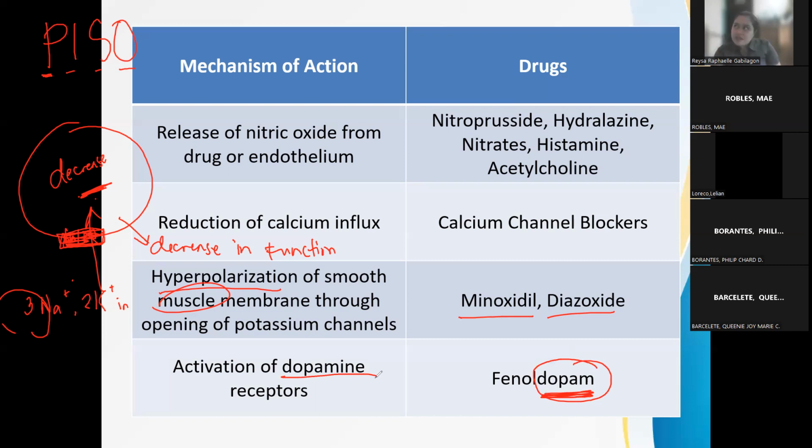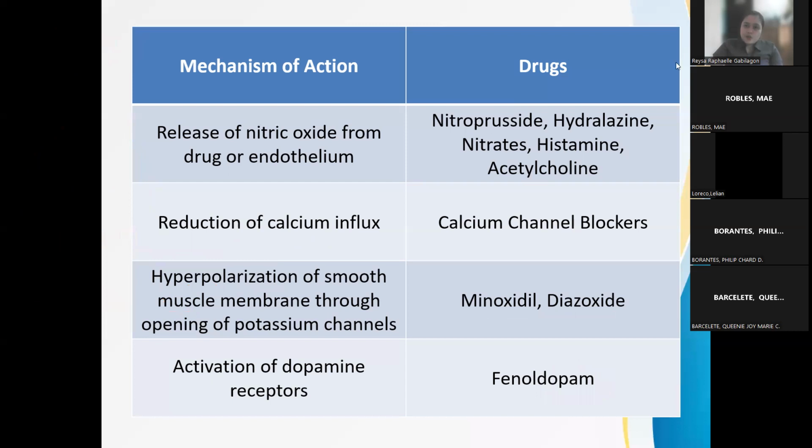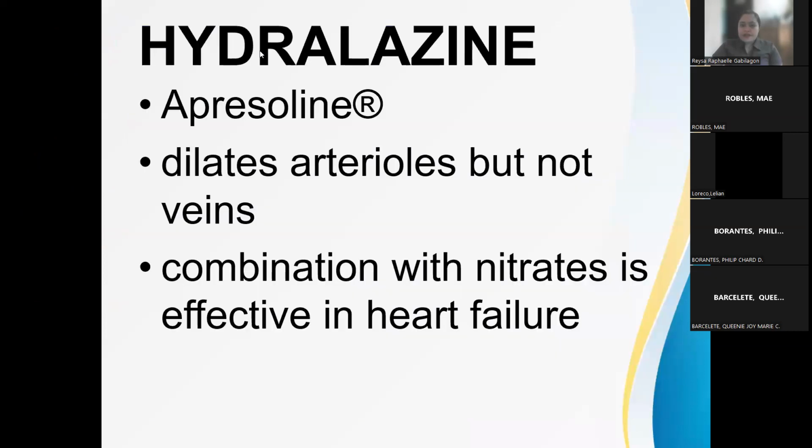So may series of activity yan sa body na pag na-activate si dopamine, may mga other substances pa and receptors na ma-activate. Ang endpoint is the dilation. Okay, so there will be dilation of the blood vessels. Kaya nga siya tinawag na vasodilator. And that's how it helps a person with hypertension.